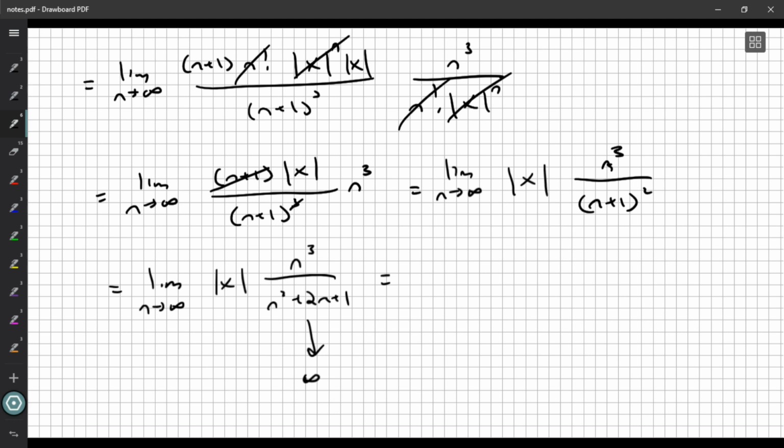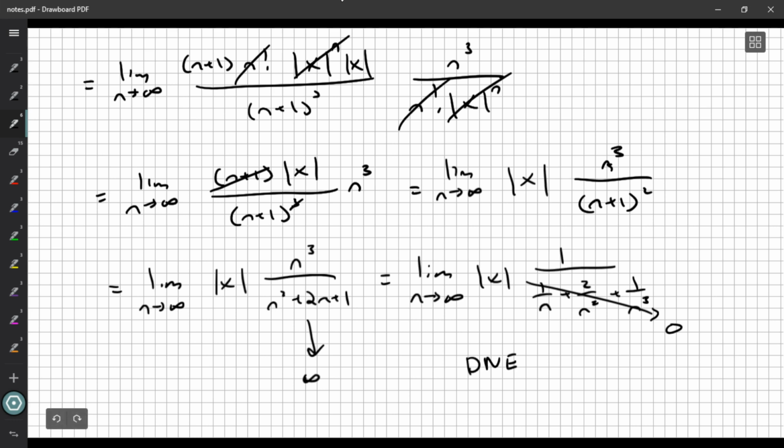But if you wanted to, you could make it a bit more precise. Divide by the highest power of n. So we get 1 over n plus 2 over n squared plus 1 over n cubed. The bottom here is going to 0 while the top is at 1. So this does not exist. Except when? How can the bottom not go to 0? Well, it does.